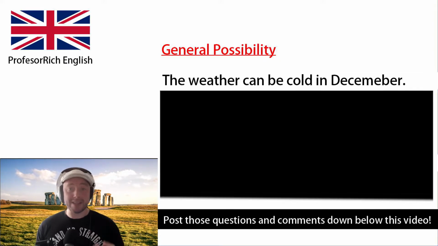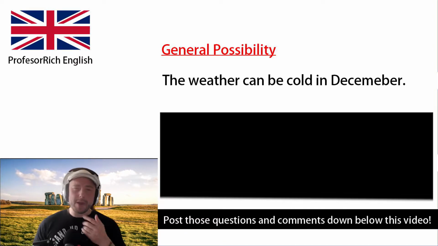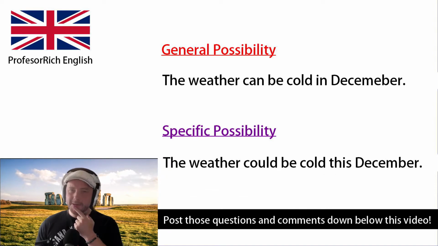And then I'm talking every December. So this is a general possibility compared to the weather could be cold this December, this specific December, right? So that's the difference with general and specific possibility.